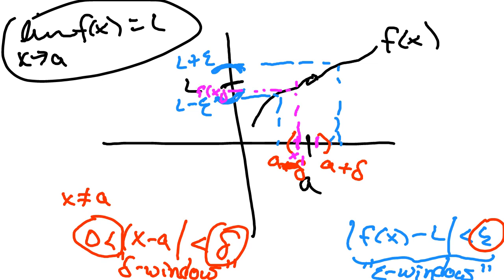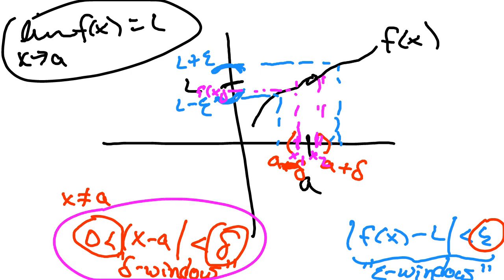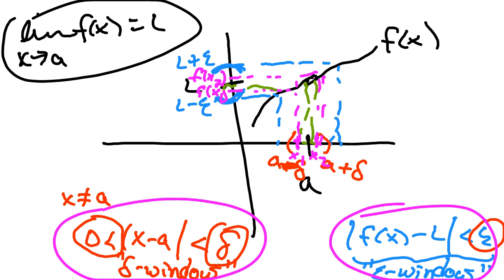Here's x2. Any x inside this delta window is going to get mapped into this epsilon window. So here's f of x2. No matter what x's I pick in here, they're all going to map into that epsilon window.